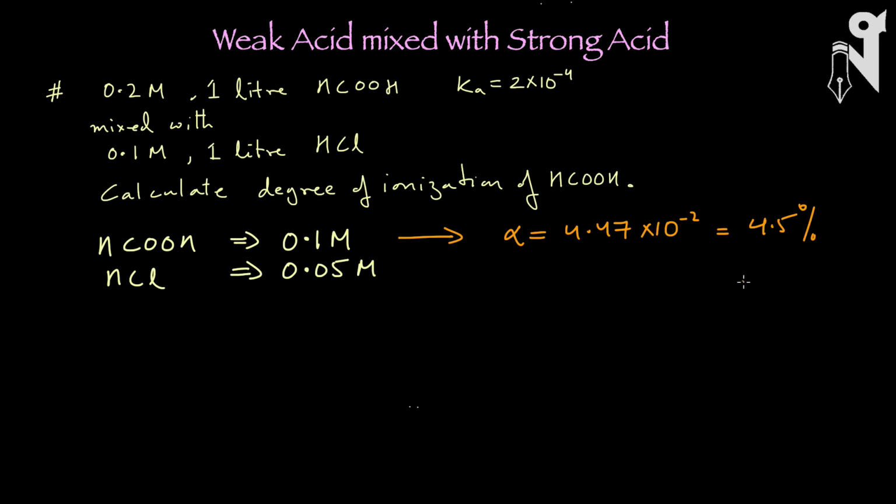Now my logical question to you is, in this case, will it dissociate more or will it dissociate less? Will the formic acid dissociate more or will the formic acid dissociate less? So I really hope you got that right. It would dissociate less, and the reason is there would be presence of H plus ion from the HCl, which is going to make this equilibrium shift backwards.